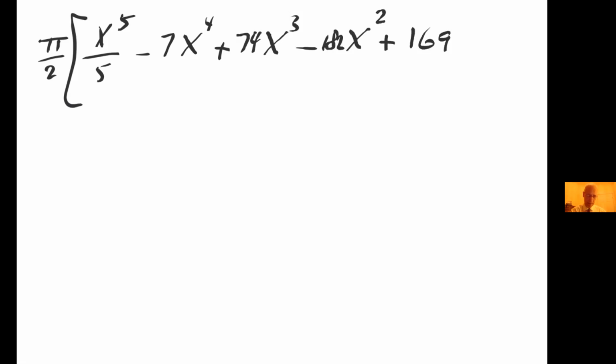Divided by 4 gives me 7, plus x cubed, divide 222 by 3, and that gives me 74, minus integral of x is x to the 2nd, 362 divided by 2 is 182, and plus 169x, and that would be from 1 to 13.